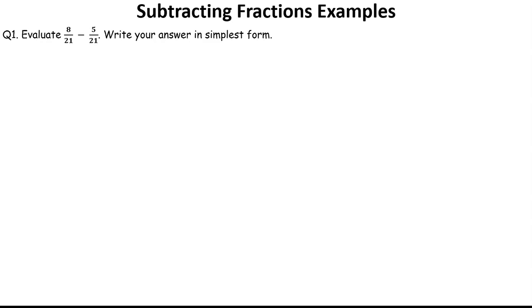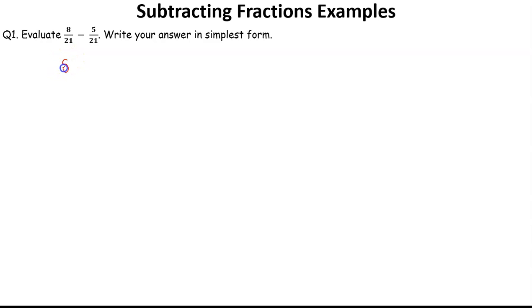So evaluate 8 over 21 minus 5 over 21. Evaluate means to calculate and write your answer in simplest form. What is expected of me with regards to setting this out? Well, the first thing is our page should be ruled with a margin down the center, so it makes sense for us to work down the page.